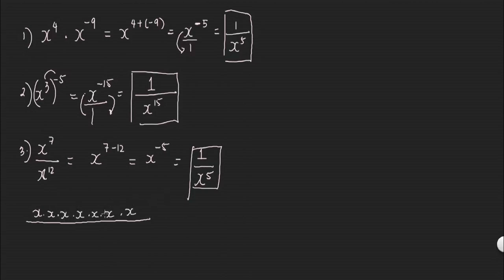Okay, so meron tayong 7. Sa ilalim naman ng tulay, so meron tayong 12 na x. 1, 2, 3, 4, 5, 6, 7, 8, 9, 10, 11, 12.